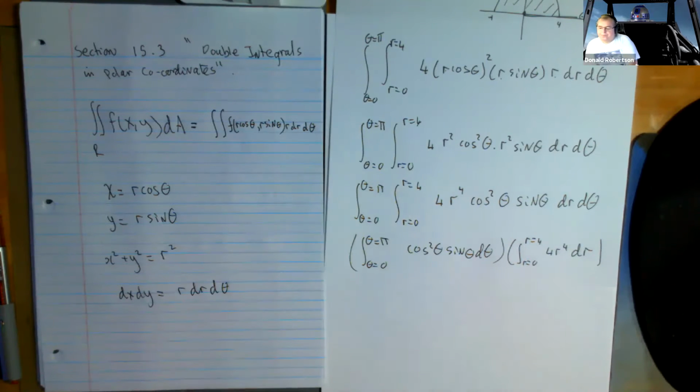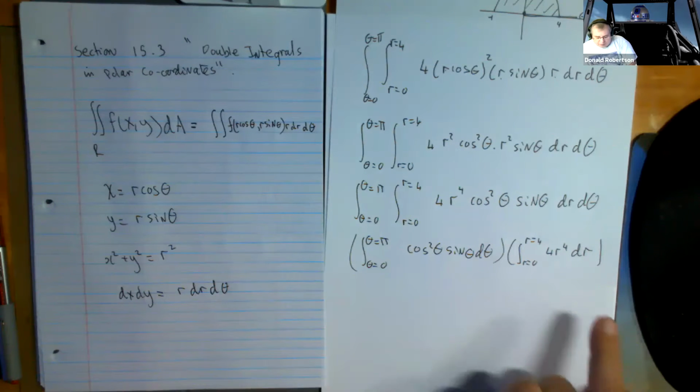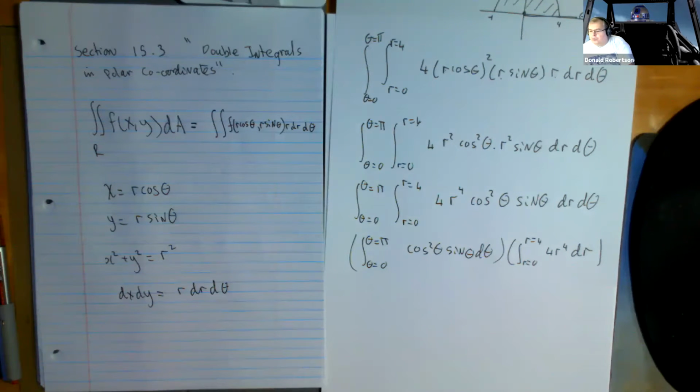We used that trick a couple of times last week. The variables are totally separable, and the limits of integration are numbers. Both those things have to be true, but if they are, you can separate your integrals out. What that does is reduce your workload. That's the only advantage.